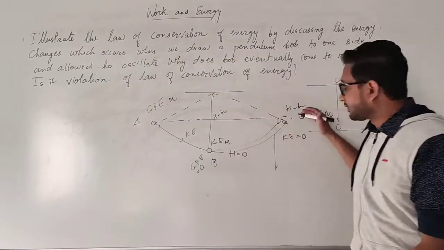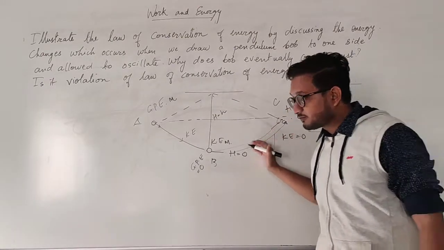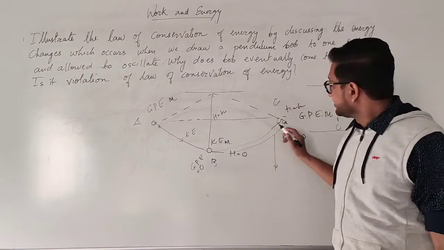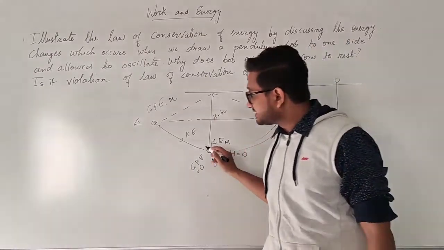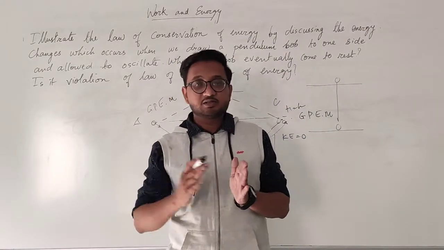Once again from point C, it is going to start to move downwards to point B, where its kinetic energy will be maximum and potential energy will be 0, and it keeps moving and reaches point A. So this is how it happens.